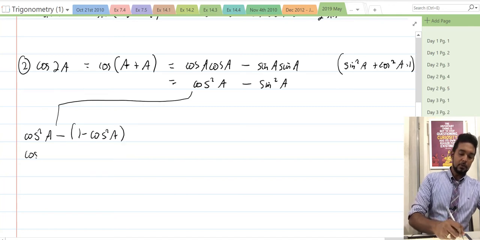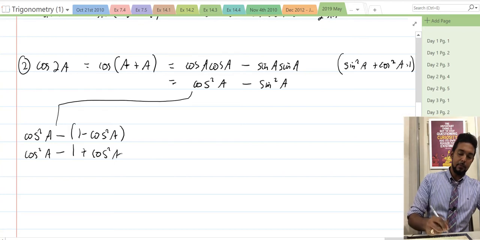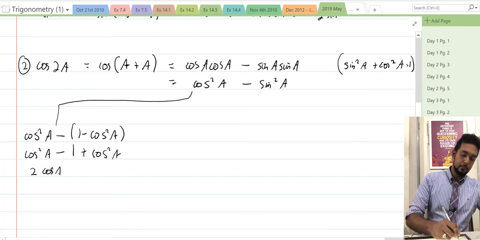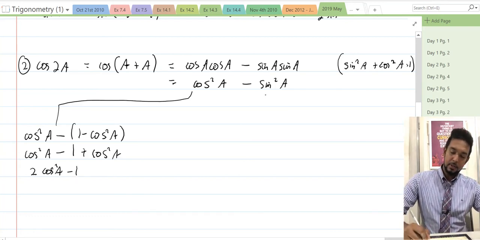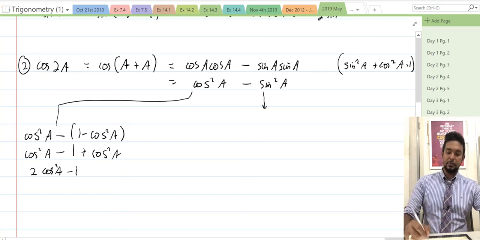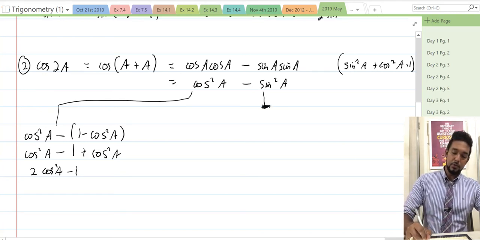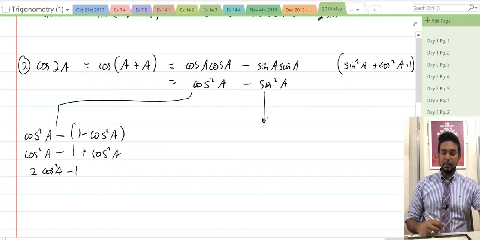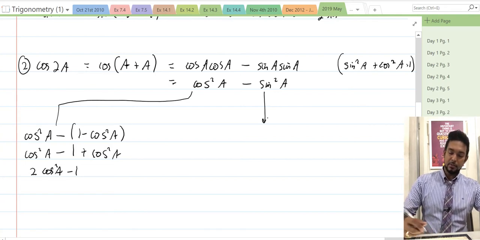Now when we drop our brackets, what's going to happen there? The minus 1 will stick, but minus cos squared becomes plus cos squared a. And cos squared plus cos squared is 2 cos squared a. So we have 2 cos squared a minus 1. Similarly, with sine squared a, if we just wanted to have sine squared alone as the only trig ratio in the expansion, we'd have to convert cos squared into some expression with sine squared, which we know will be 1 minus sine squared a.